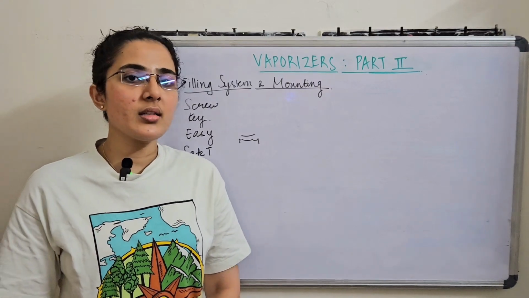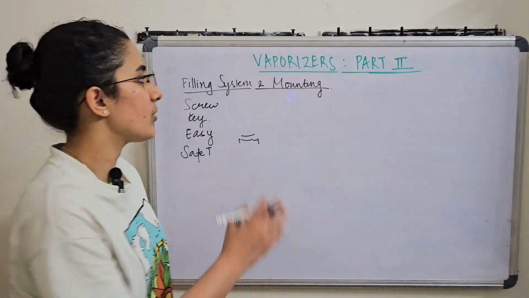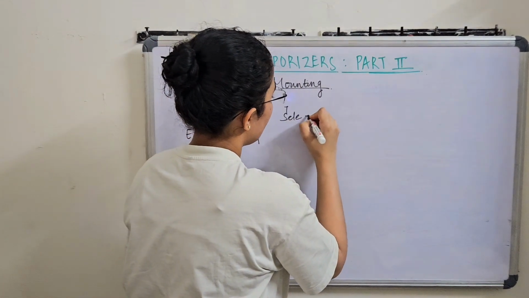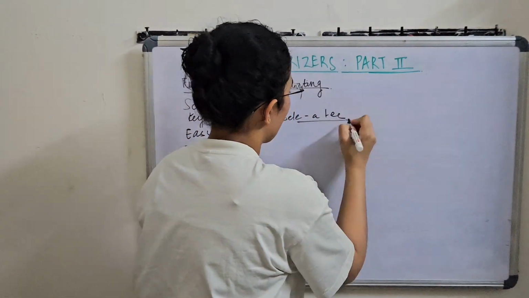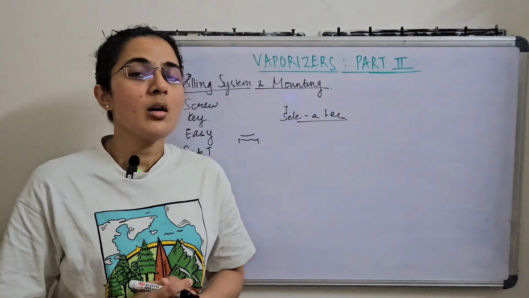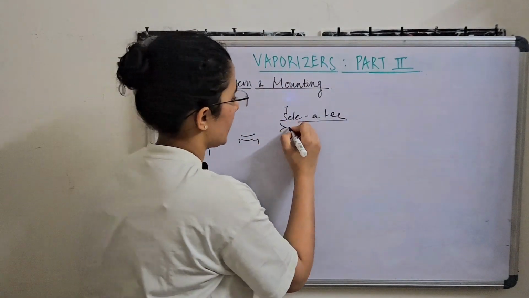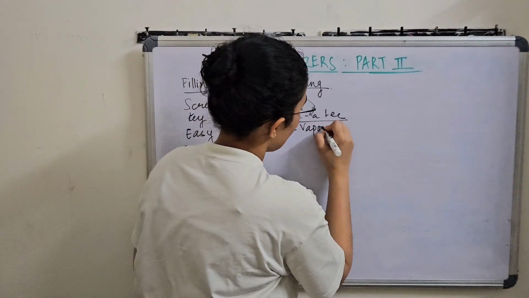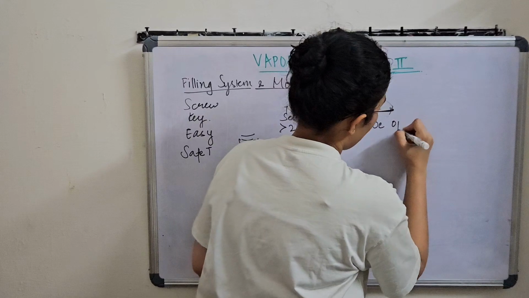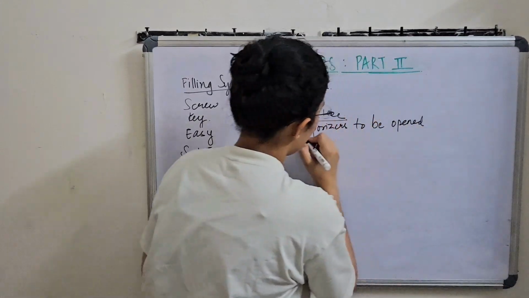So one important safety mechanism with the vaporizer mounting system is the Select-a-Tec mechanism. This is a mechanism which basically prevents more than 2 vaporizers from being opened simultaneously.